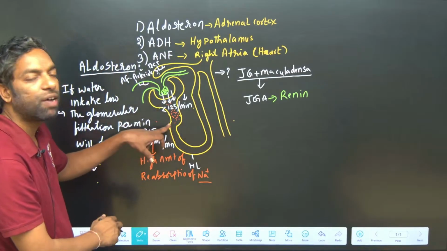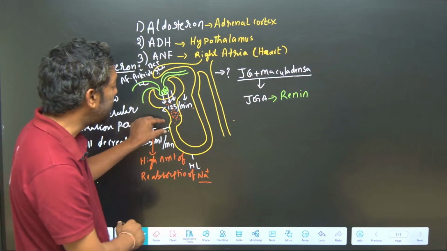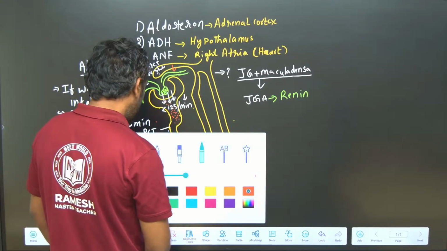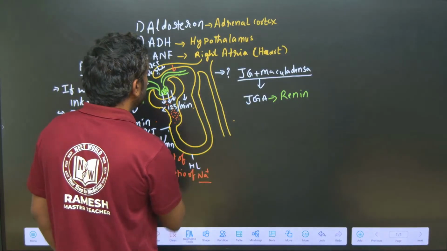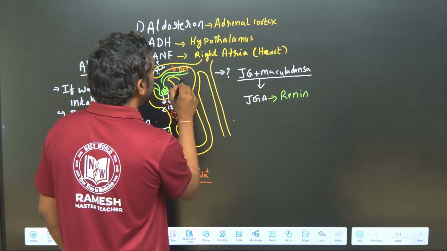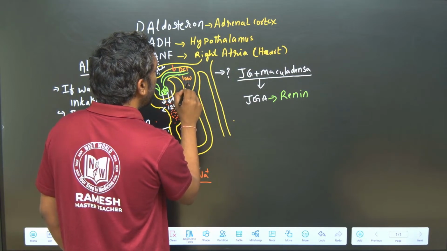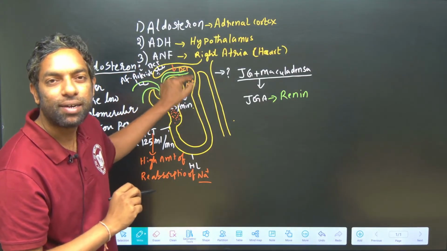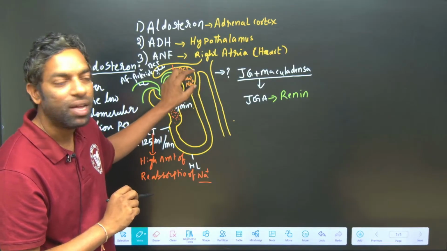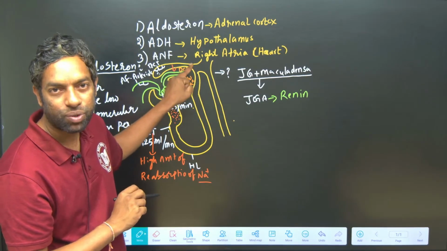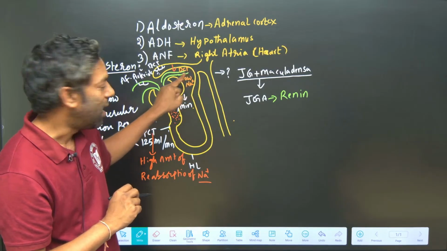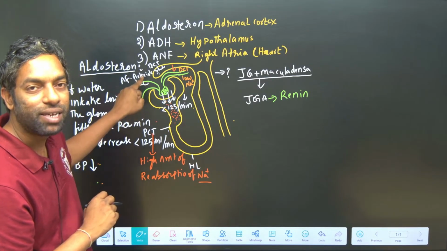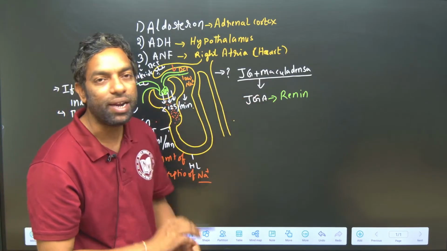Due to this, there is a lack of sodium ions in the DCT part. The macula densa cells have sodium receptors and recognize the lack of sodium ions in the DCT part, and together with the JG cells of the efferent arteriole they form renin.